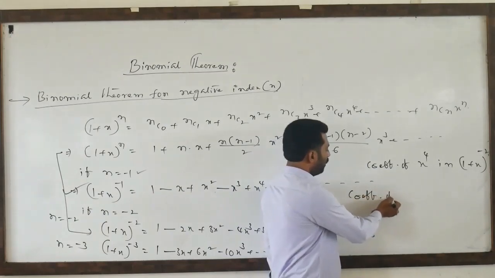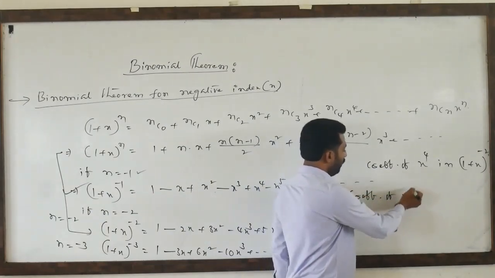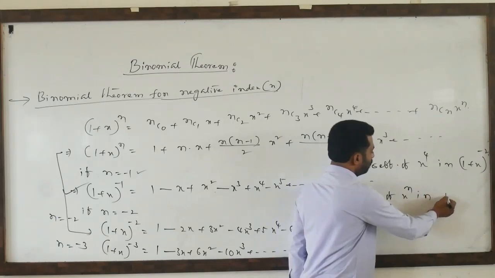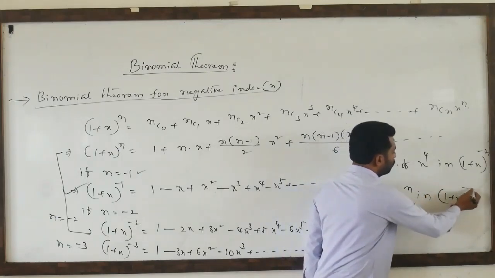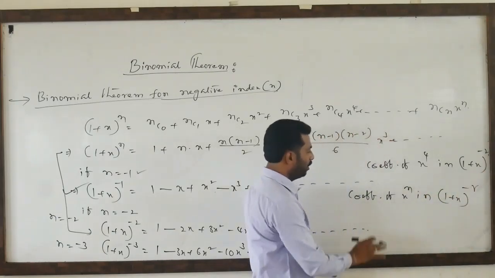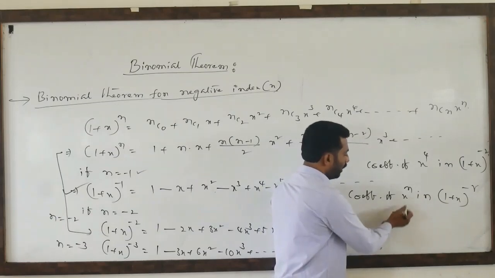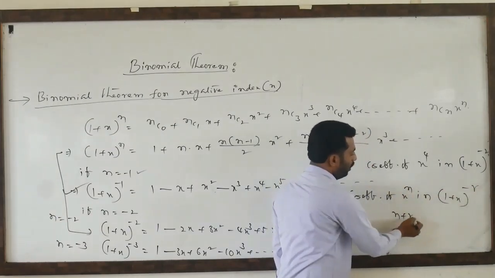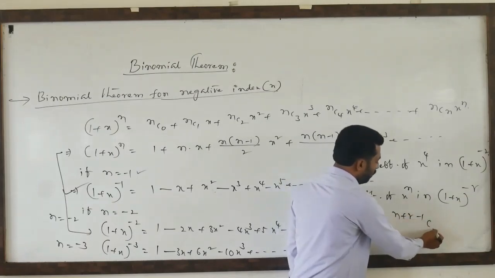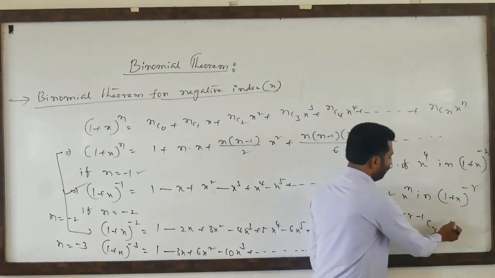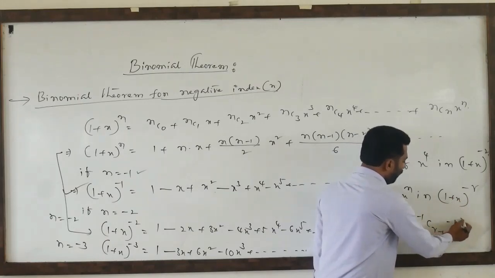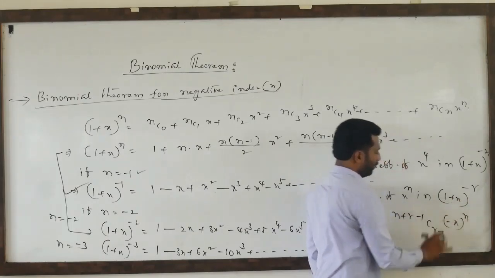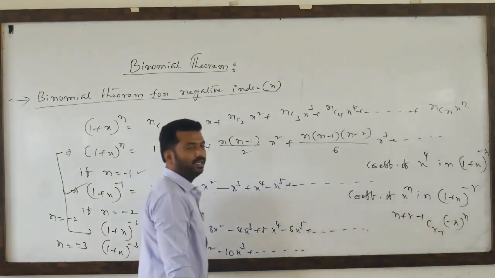The coefficient of x power n in the binomial expansion of (1 plus x) whole power minus r is n plus r minus 1 C r minus 1 times minus x whole power n.